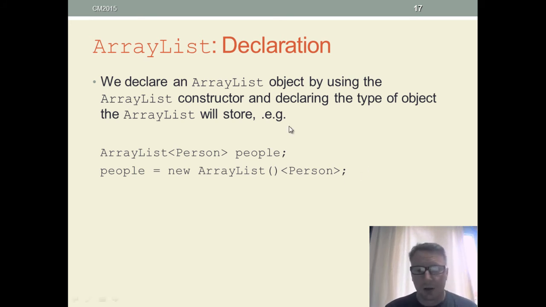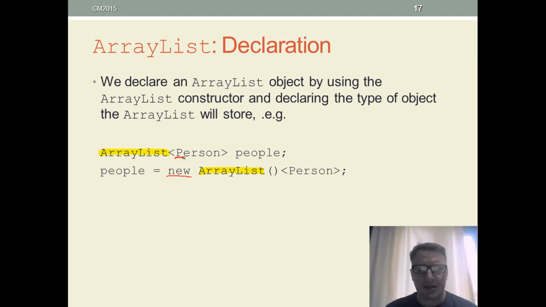Well, we declare an array list by using the object type ArrayList, and then we can create it using the word new, and ArrayList and a constructor, just as usual.